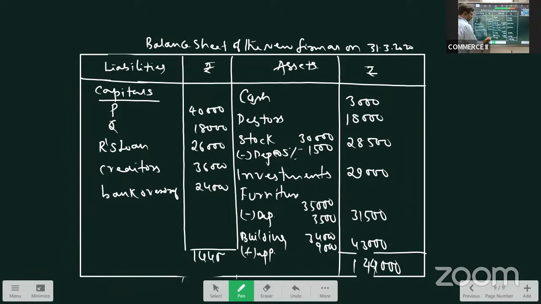Yes, 1 lakh 44,000 on both the sides. Okay, so done. So this is how we have done our second problem.